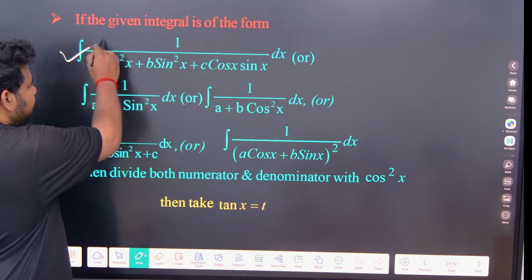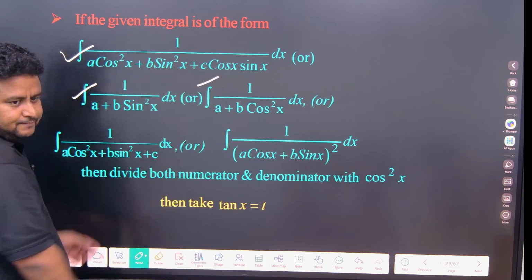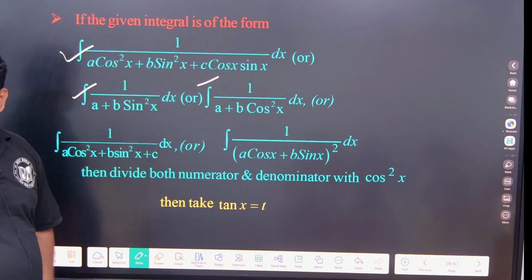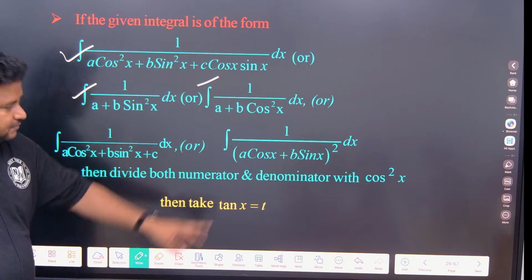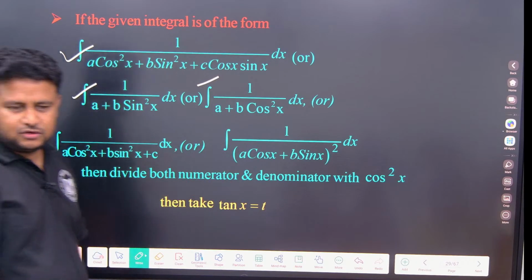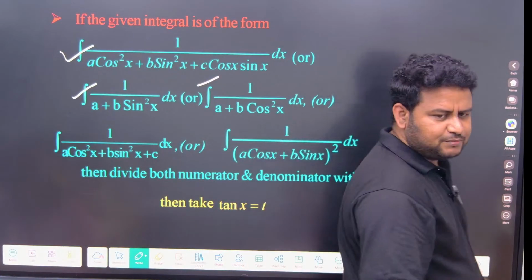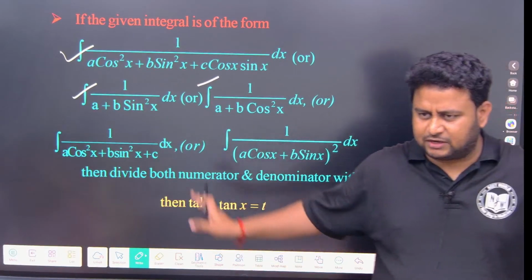Maximum they will give this type, or this type. This last one is very rare. In that case, divide numerator and denominator by cos square x. This is very important to remember.